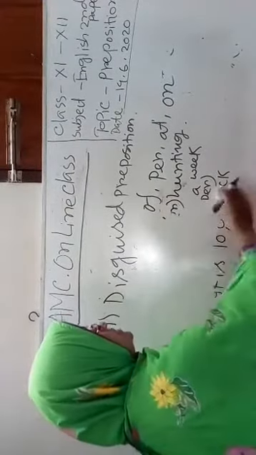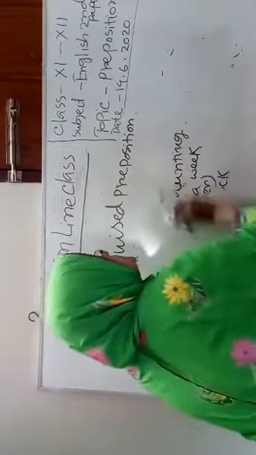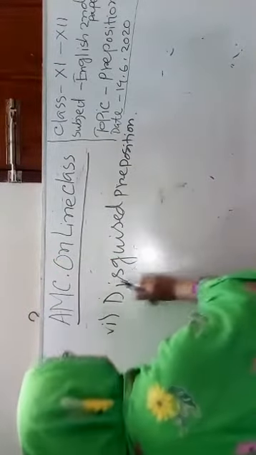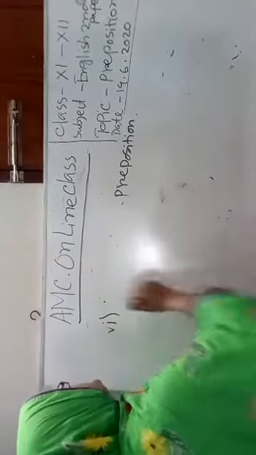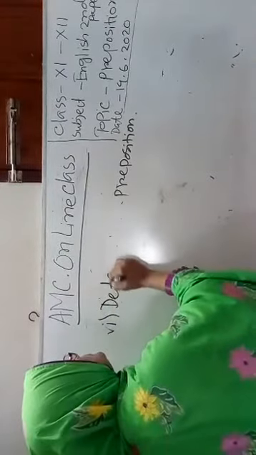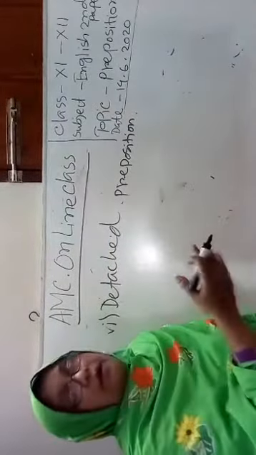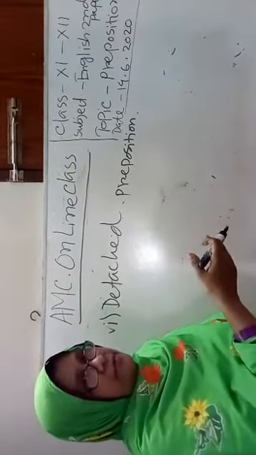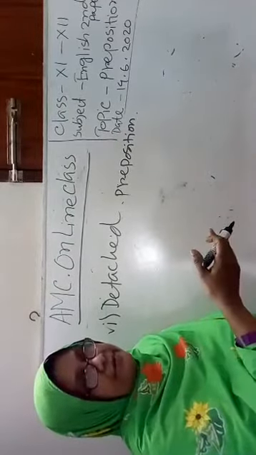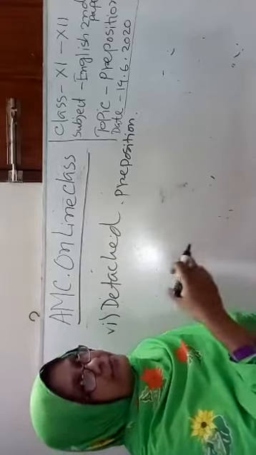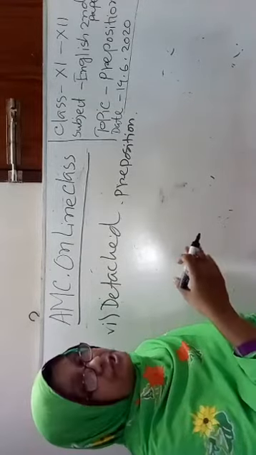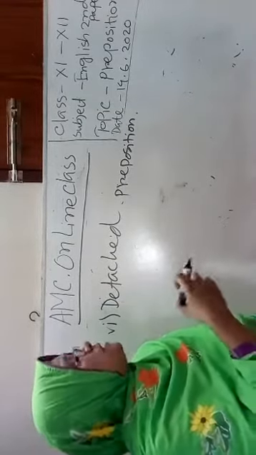Now we see the last one. The last one is known as detached preposition. When an interrogative adverb or relative adverb, interrogative pronoun or relative pronoun is used as the object of a preposition, it is known as detached preposition.